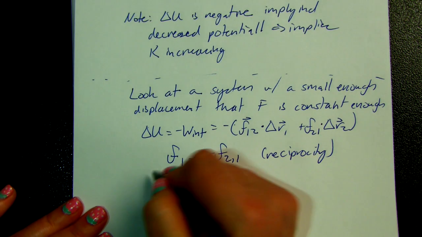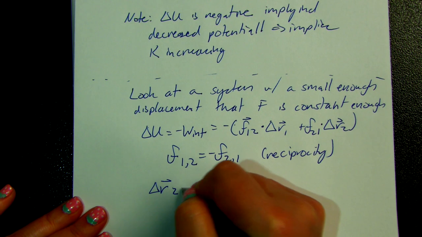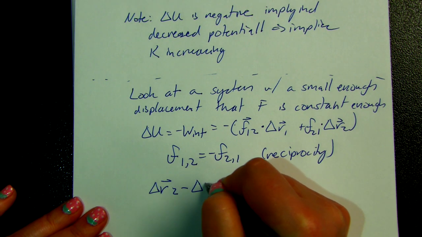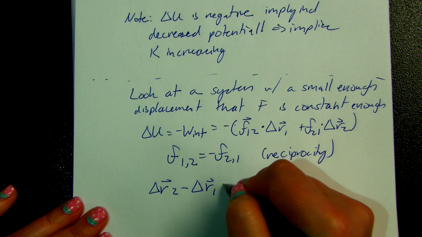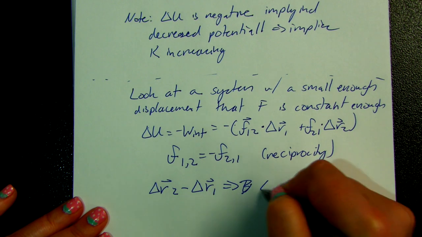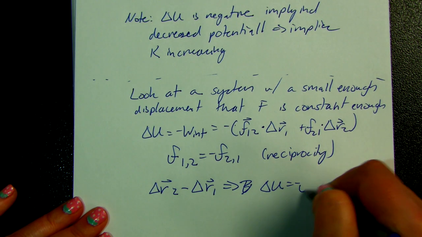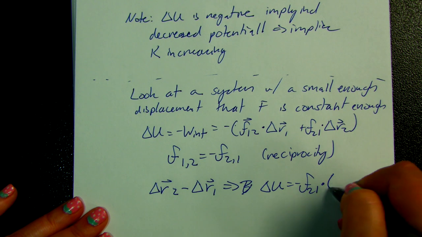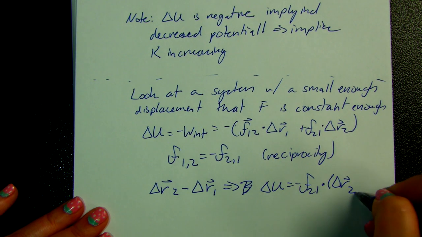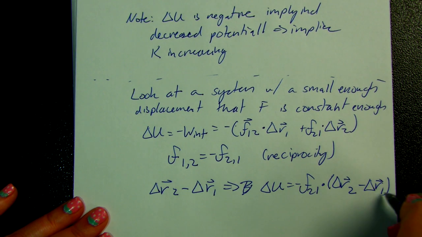Therefore, delta U is equal to minus F21 dotted with delta R2 minus delta R1.